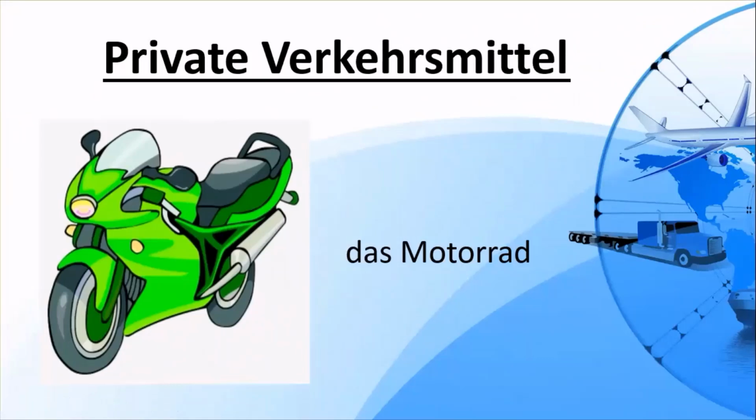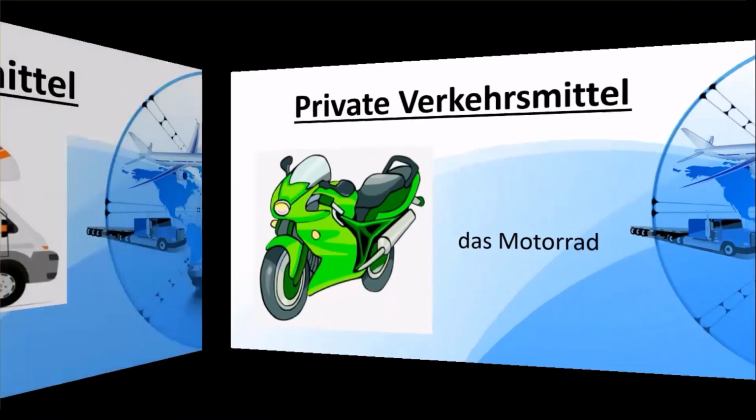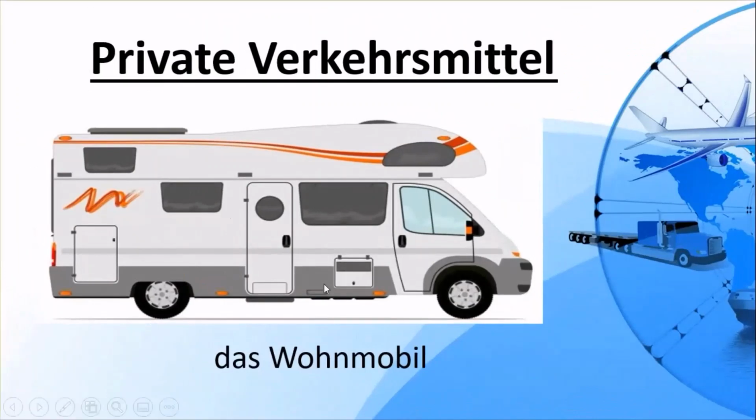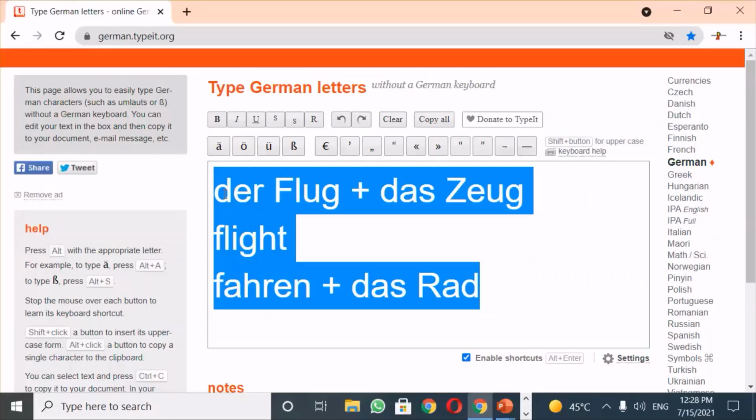Similar to Fahrrad is das Motorrad, so the cycle that uses the motor. Then we have what is called the mobile van, which is used for camping and other purposes, which is called das Wohnmobil. So let's have a look at this compound noun.